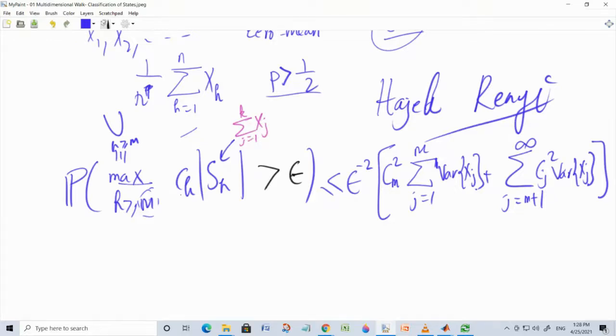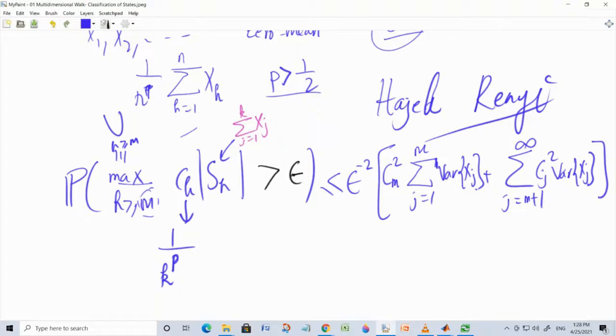And this was the beginning of the proof of the Kolmogorov strong law of large numbers. Here we will choose this to be 1 over k to the power p. It's a decaying positive sequence, so we are good.